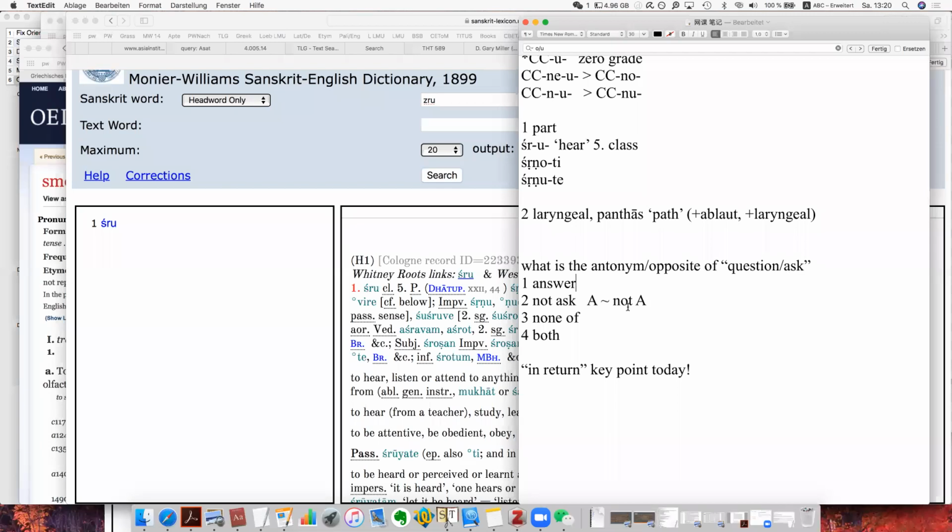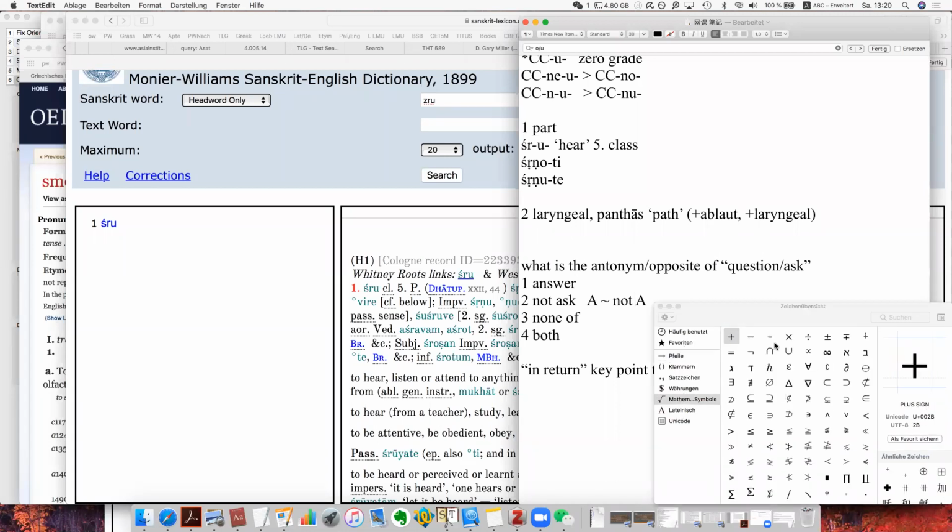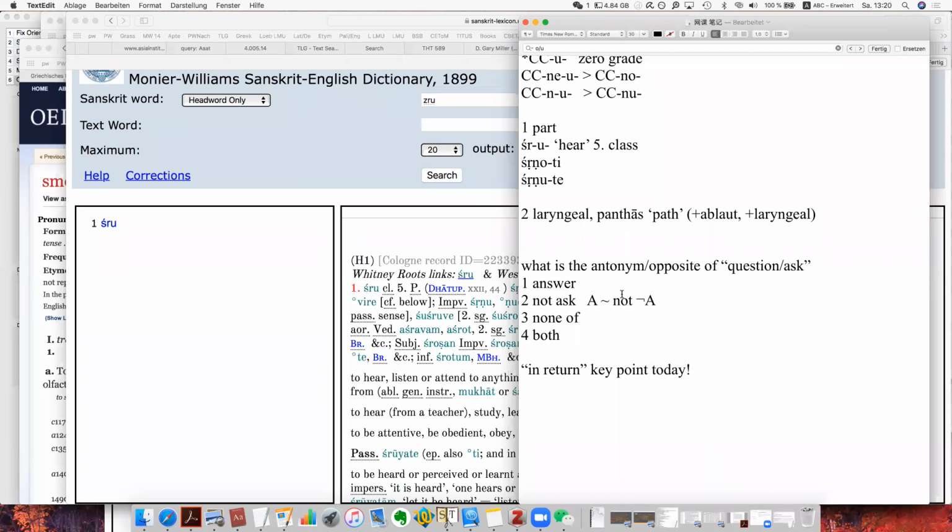Some of you might have seen this symbol before. This symbol actually means not A. But since we are talking about languages, it is not really correct to use this one.